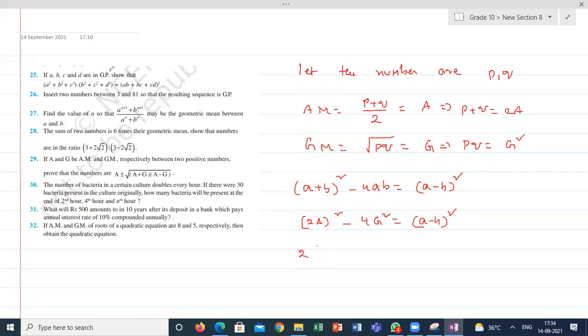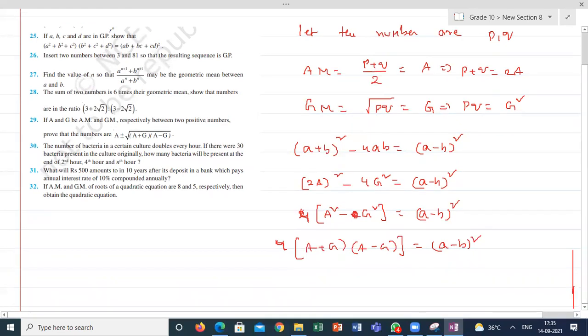Sorry guys, 2A square means it's 4. If I take 4 common, so A square minus G square is a minus b whole square. This can be written as 4 into A plus G into A minus G is equal to a minus b whole square.